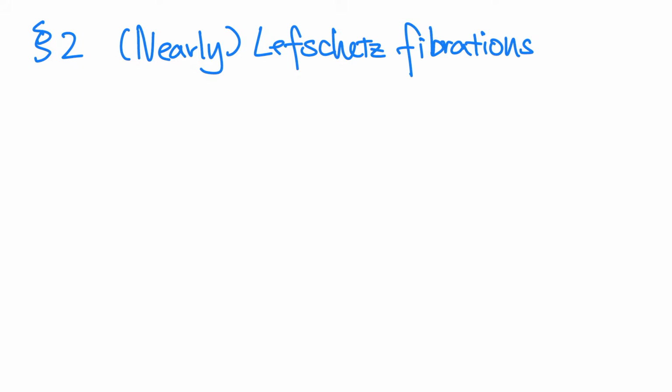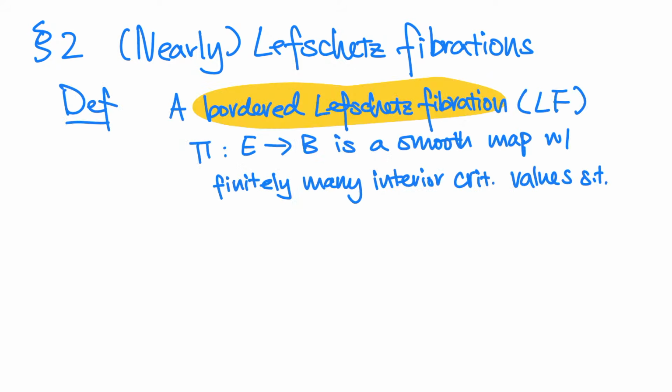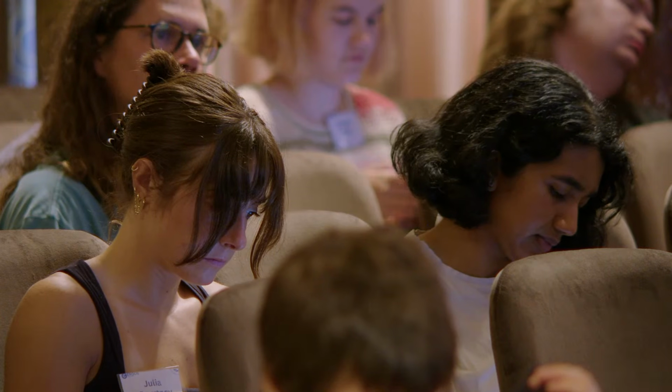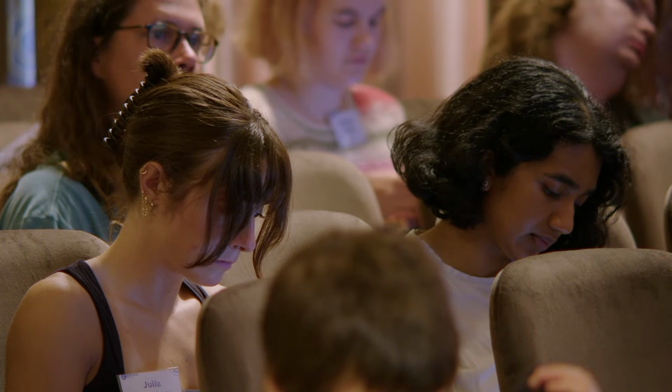Okay. So first, let me review this Lefschetz fibration, which we have seen yesterday and today. But let me emphasize this adjective bordered, which is different from what Lisa was saying about broken. So bordered is really just an adjective for the boundary. The boundary of E decomposes into the vertical and horizontal boundaries.